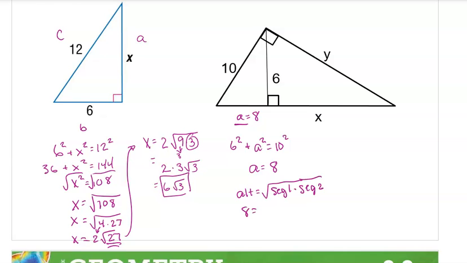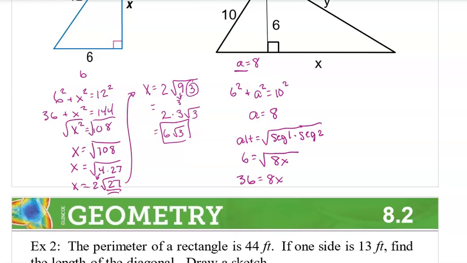So 8 equals the square root of 8x. Sorry, this is the altitude, so that should be 6. Square both sides, you get 36 equals 8x. So x equals 36 over 8, which reduces to 9/2.